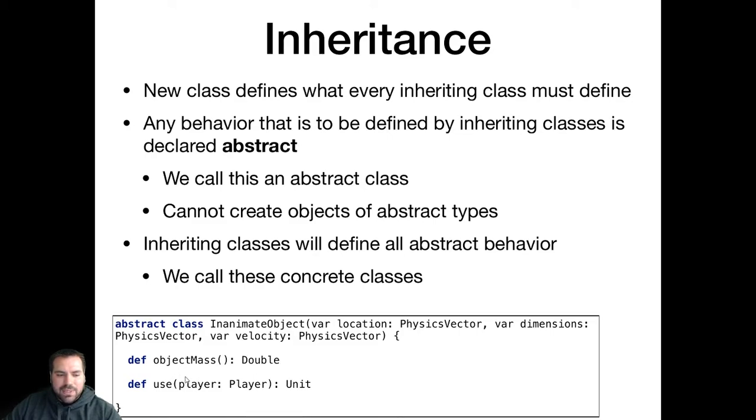And you see that in object mass and use, we don't actually have any definitions for these methods. So these are what we call abstract methods. Once a class has at least one abstract method, it has to be an abstract class, because you can't create an instance of a class that doesn't have its behavior fully defined. So this has some behavior half defined, but there are no equals signs and method bodies for these things.